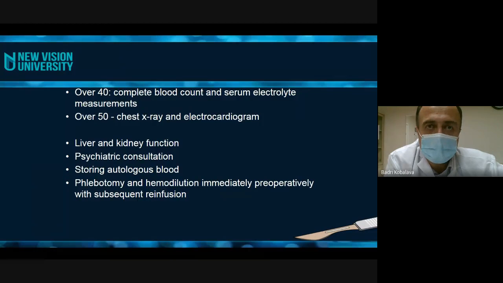And after surgery, the patient's own blood is transfused to the same patient. So it is returned back. By this method, the patient loses fewer red blood cells during surgery.